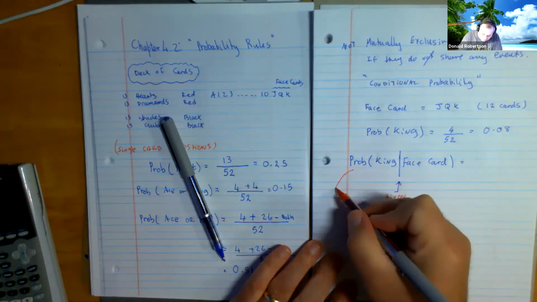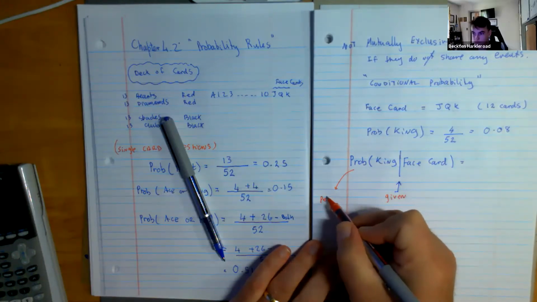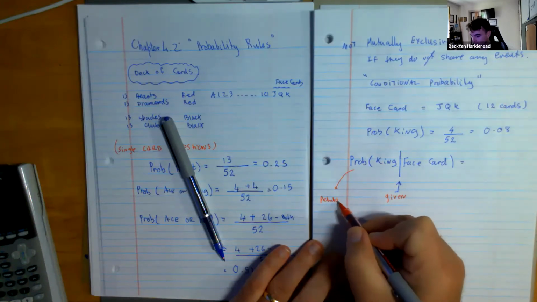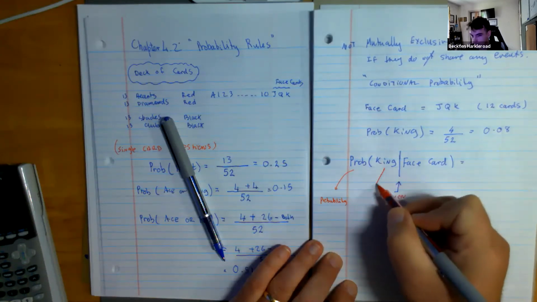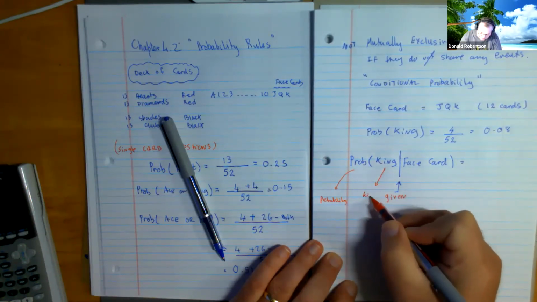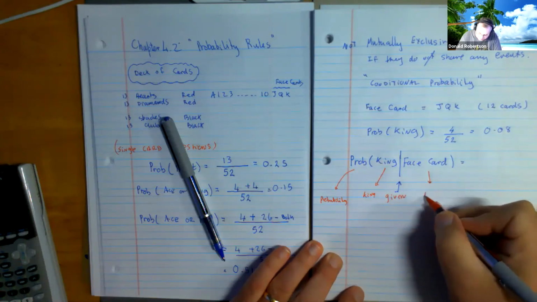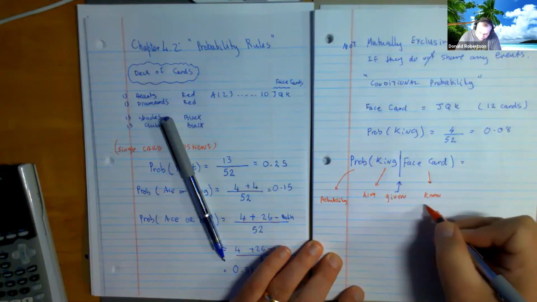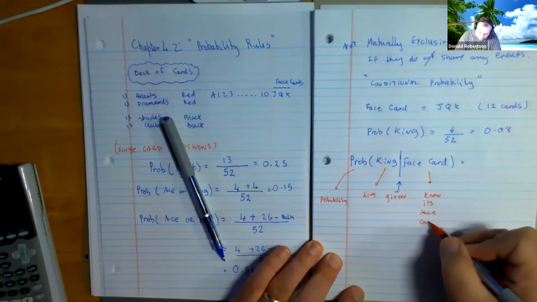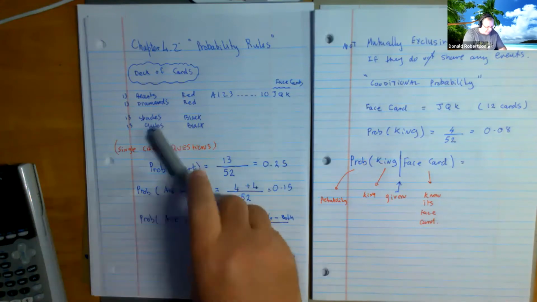So if I was reading this out, the probability that you get a king, given that you already know it's a face card.